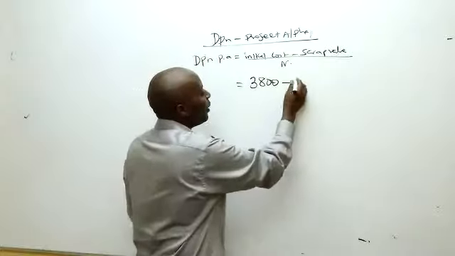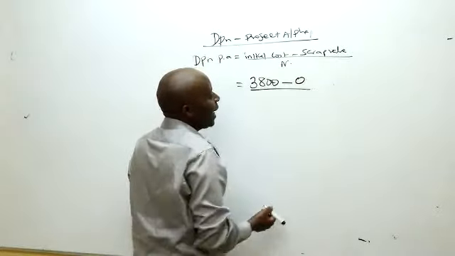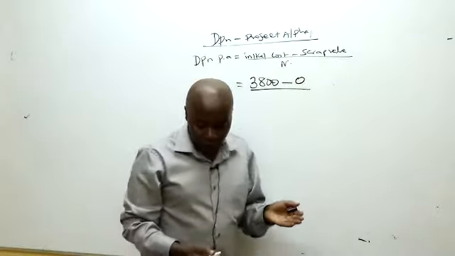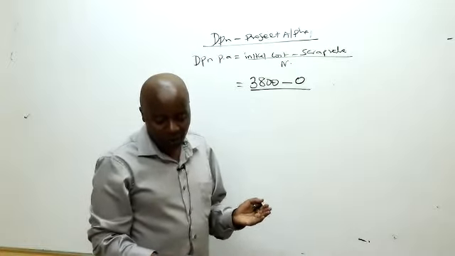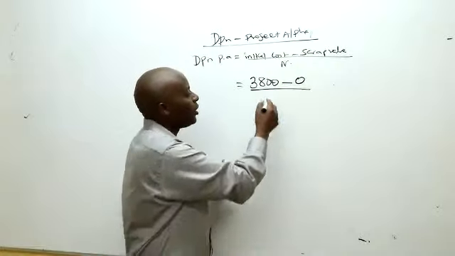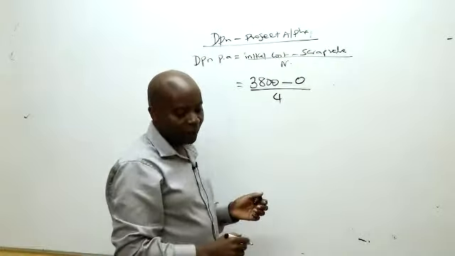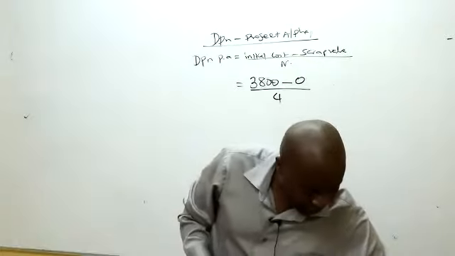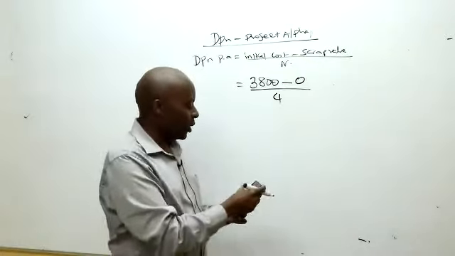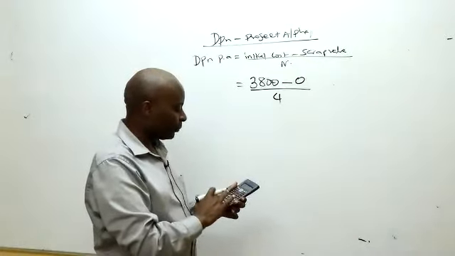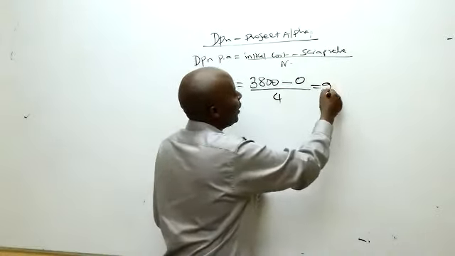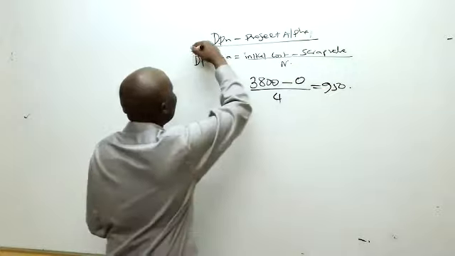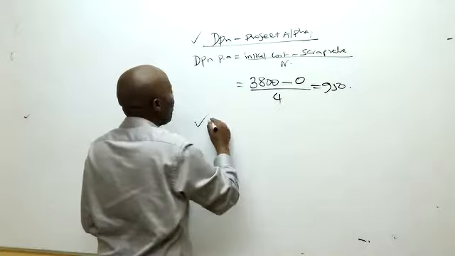So scrap value should be 0 divided by n, where n, they've told us in note 1, the project's lifespan, Project Alpha's lifespan is 4 years. So 3,800 divided by 4, giving us 950.